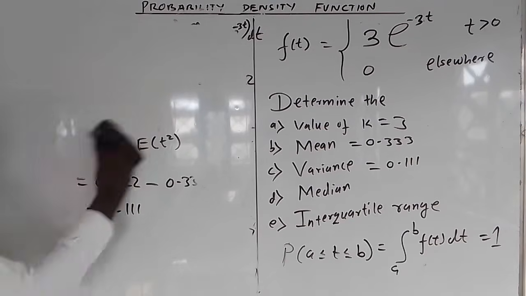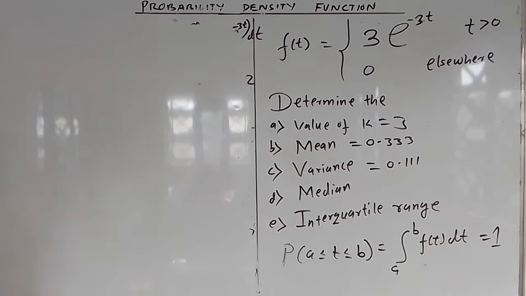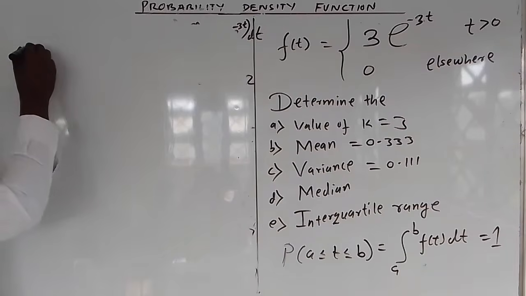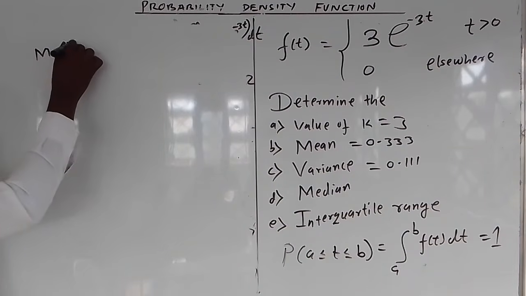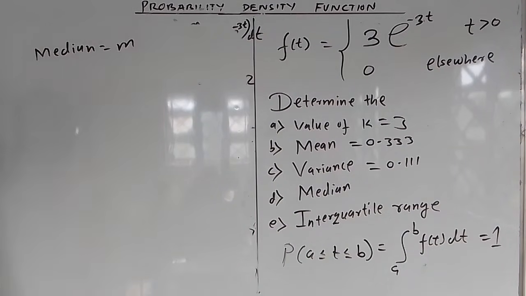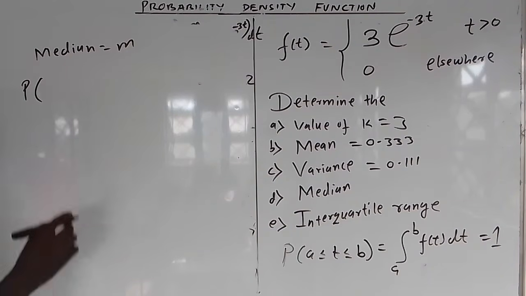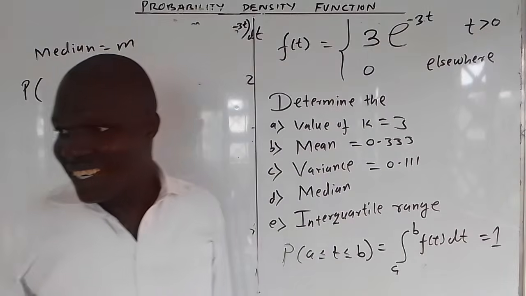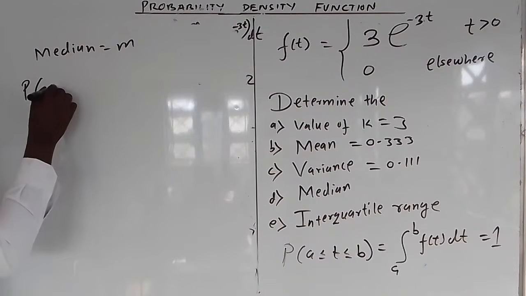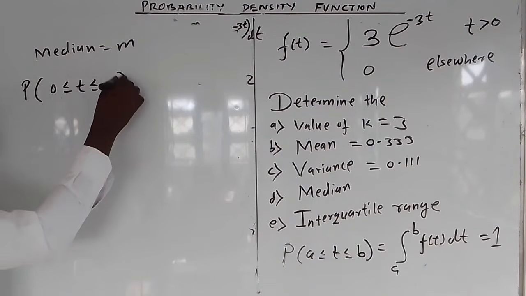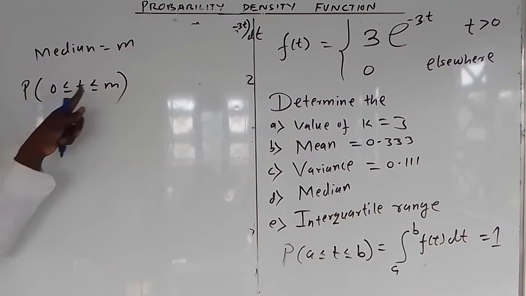The median is very simple. If you say the median is m, then when you are getting the probability, remember t is greater than 0, you see that? The median means you start from t between 0 and the median value, meaning the probability from 0 to the median.